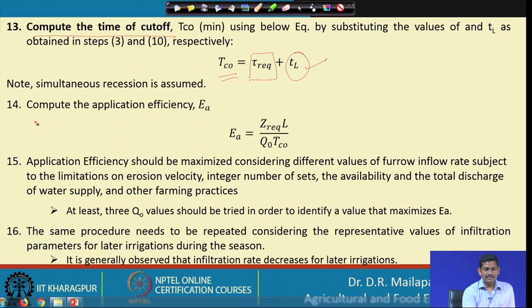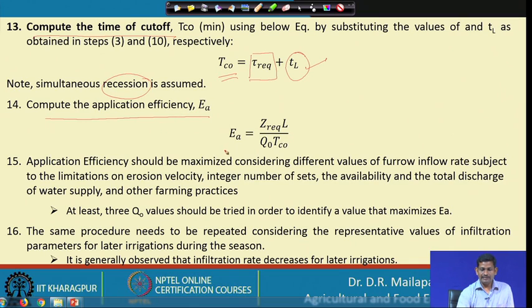Now, the 14th step, compute the application efficiency. Once this is done, we do the application efficiency. Here we assume that the resistance and depletion phases are zero; we neglect the depletion and resistance phases in furrow irrigation for volume balance cases.